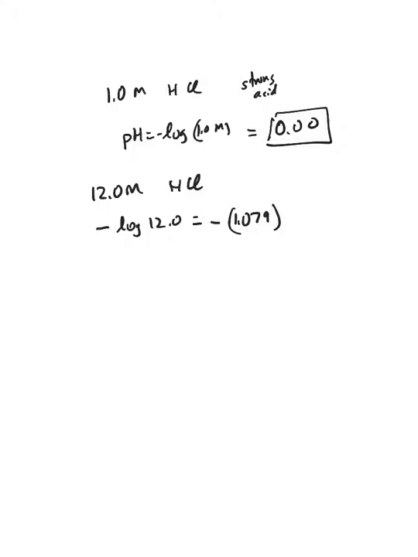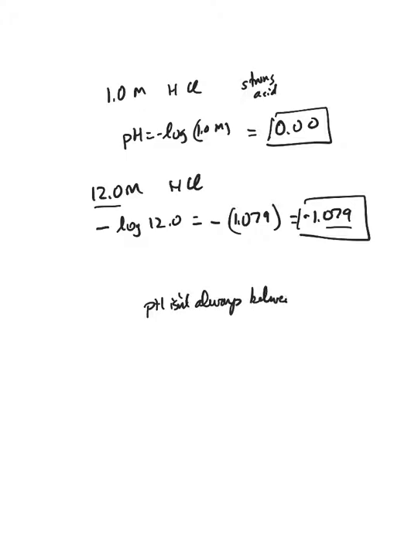And now you do this answer and you wind up with a negative pH actually of minus 1.079. Remember, my 3 decimal places here correspond to my 3 significant figures in the concentration that I started out with. So pH isn't always between 1 and 14.